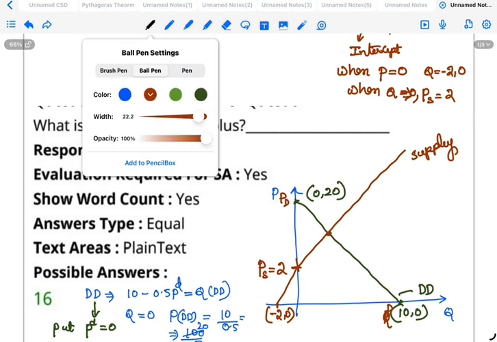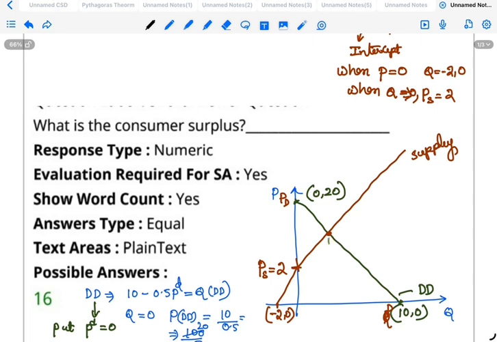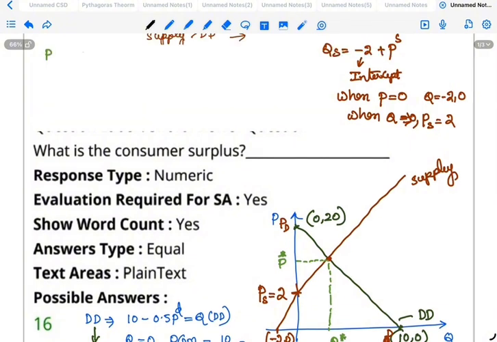When PS equals PD and QS equals QD, these values are the equilibrium values, P star and Q star, at equilibrium.